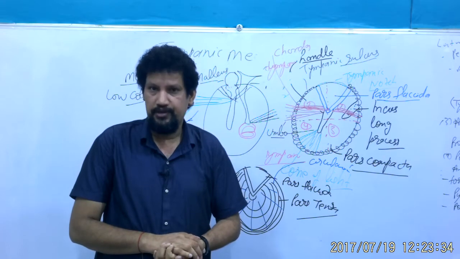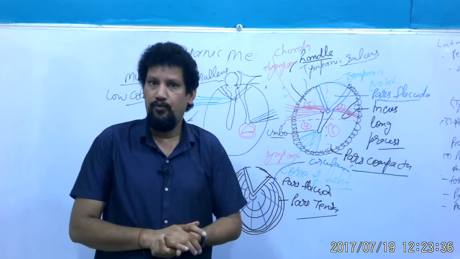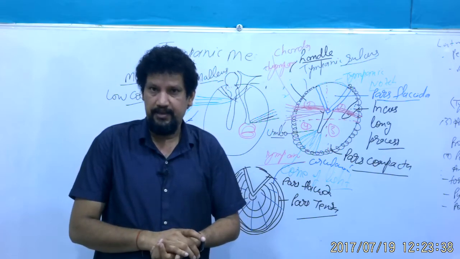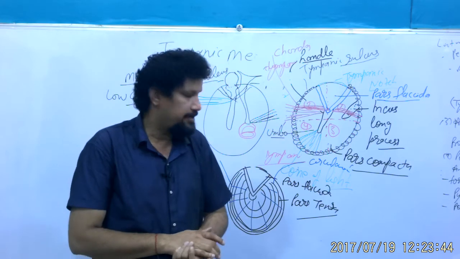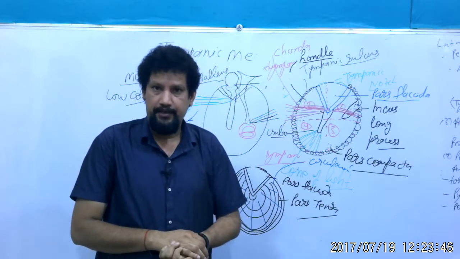The submandibular ganglion is one of 4 parasympathetic ganglia in the head and neck. Others are ciliary ganglion, otic ganglion and pterygopalatine ganglion.